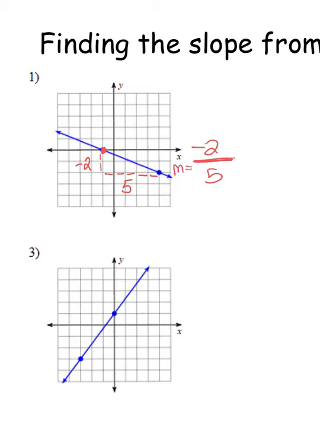If I look at picture number 3, if I look at this point, again, it's always rise over run. So here I'm going up 1, 2, 3, 4. So I'm going up 4. Then I'm going over, so I'm going to write the 4 over 1, 2, 3. So here my slope is 4/3.